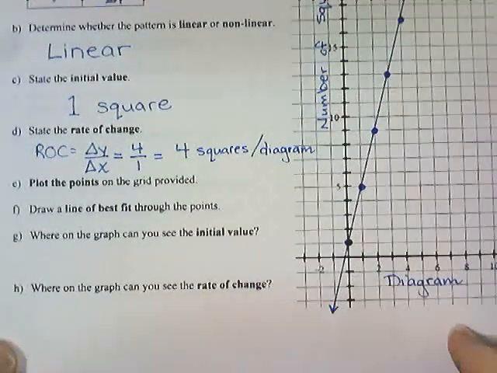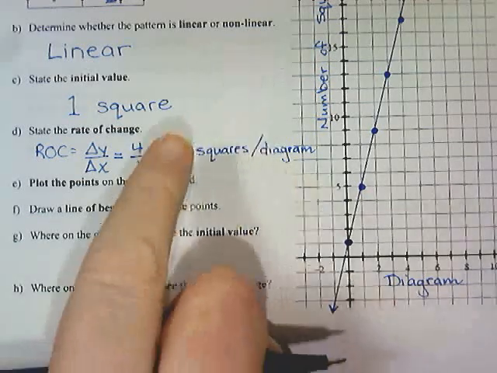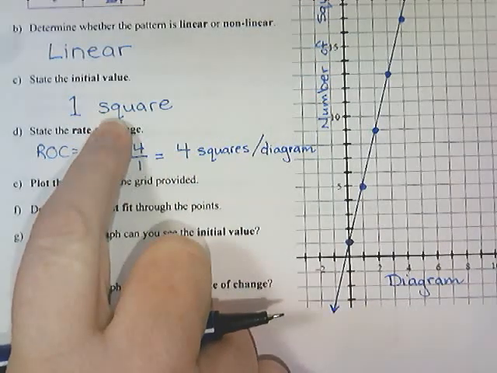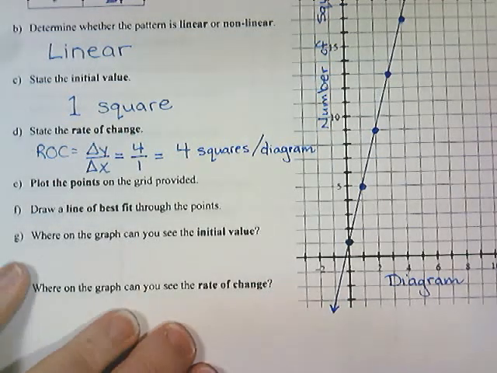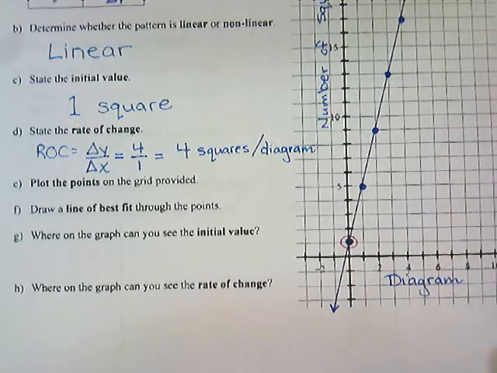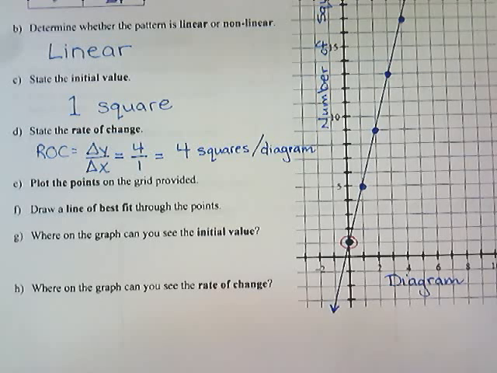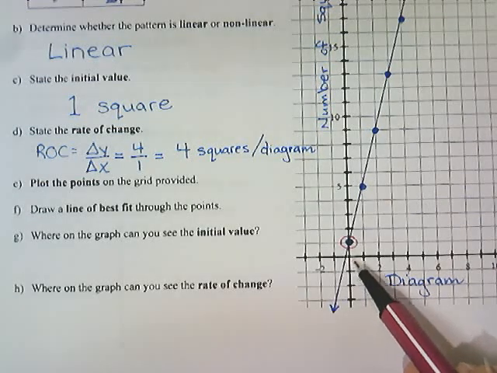Okay, it says, where on the graph can you see the initial value? So we said the initial value was 1 square. So 1 square is right here, right? So my initial value is always the term 0, so x would be 0.